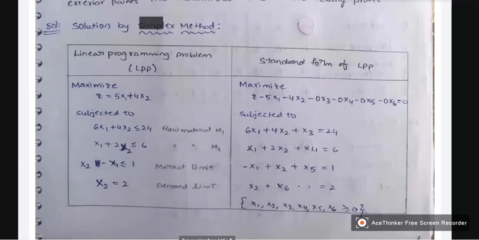We have four equations, so we can add four slack variables, x3, x4, x5, x6. So maximize z: z minus 5x1 minus 4x2 minus 0x3 minus 0x4 minus 0x5 minus 0x6 equals 0.